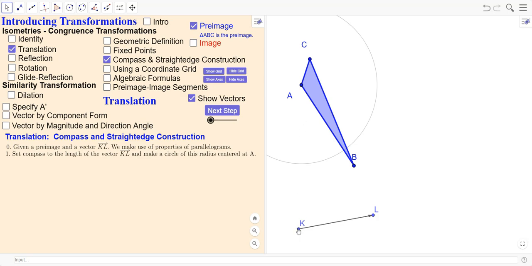So take your pointy end, put it here, widen your compass out or close it as necessary to get this distance from K to L. Then just basically slide that compass so the pointy end is sliding up to L, and now make a circle that was that radius centered at L.